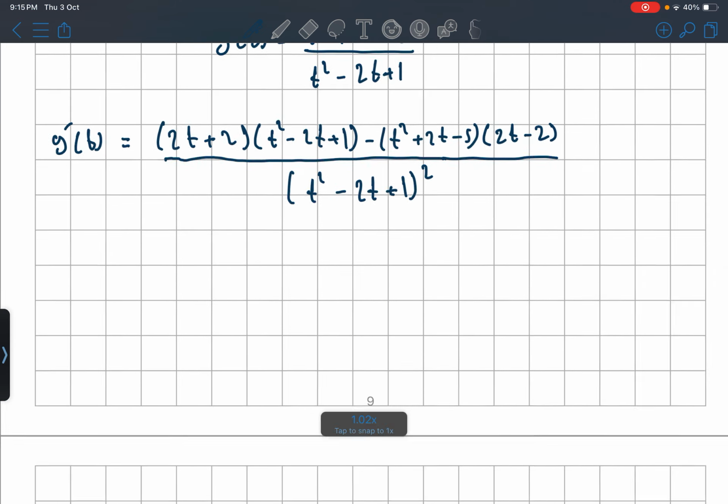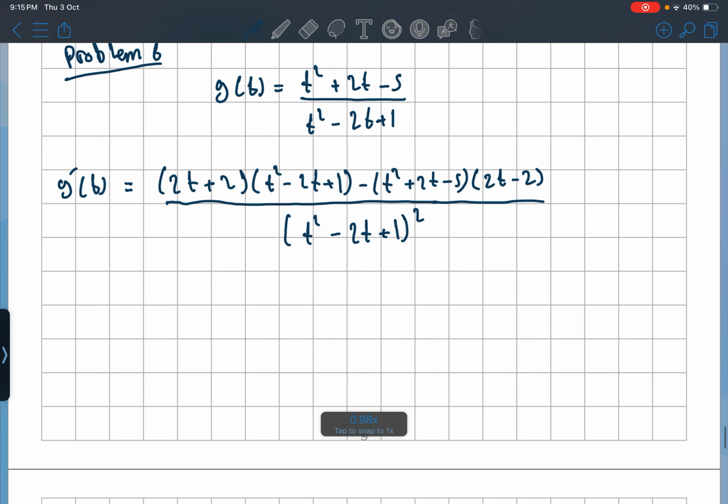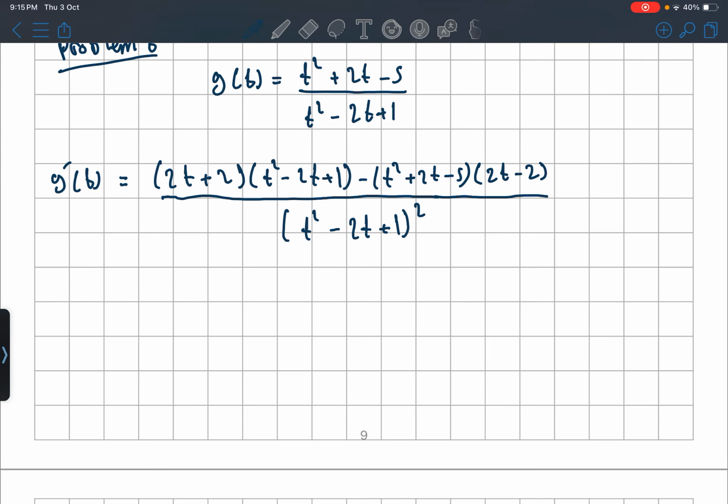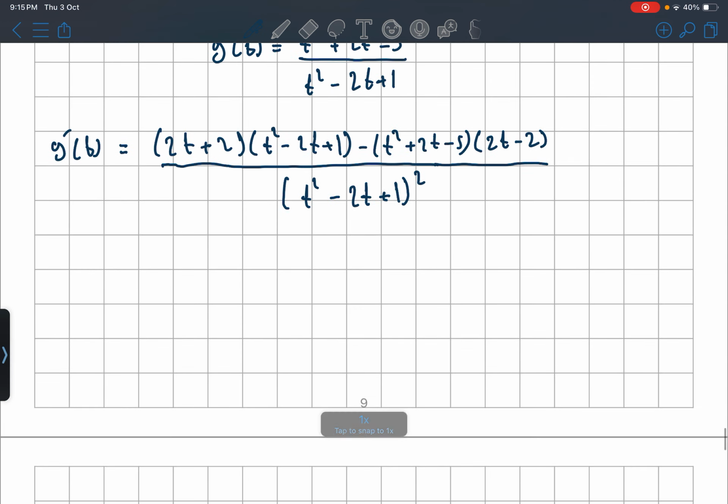And actually in this case, it's not necessary to simplify it. I mean, that's enough.